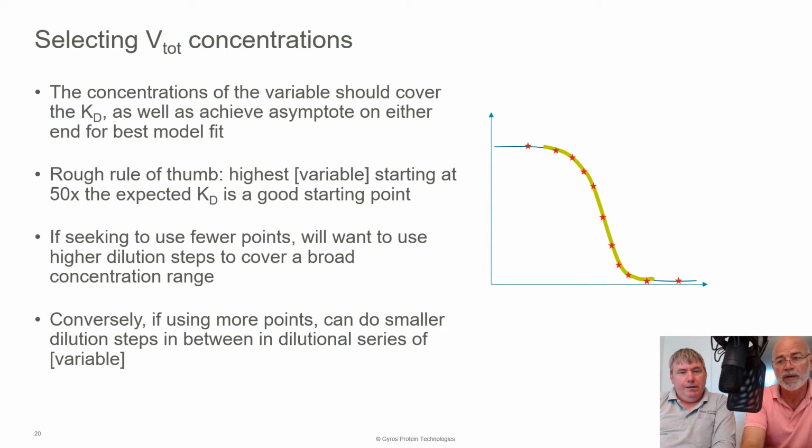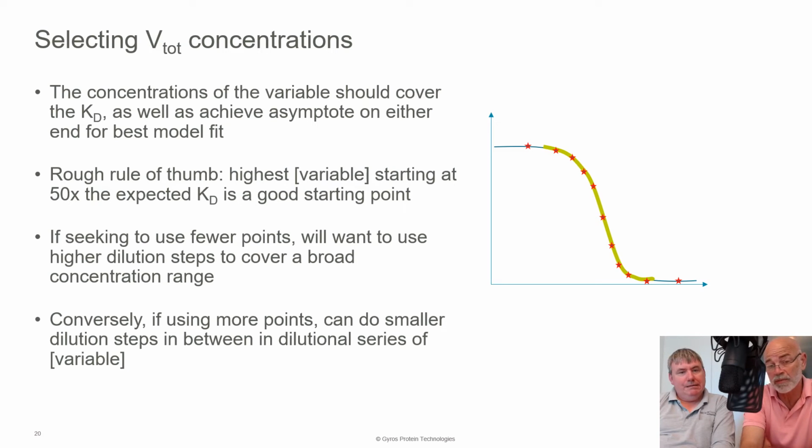So in this green curve illustrated here, your KD is going to be somewhere in the midpoint, and you want to be sure your concentration range gets up to both the upper asymptote as well as the lower asymptote. The rough rule of thumb is that the highest variable concentration starts at about 50 times the expected KD. And again, if you don't know what the KD is, you're left taking your best guess. But the other thing to consider is how many points you want in your curve.